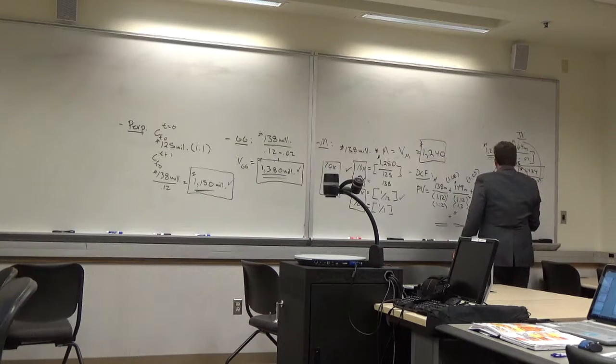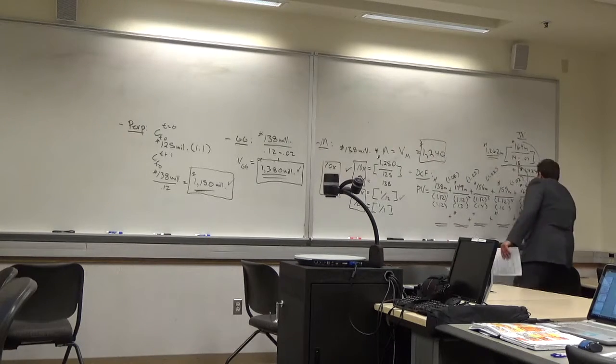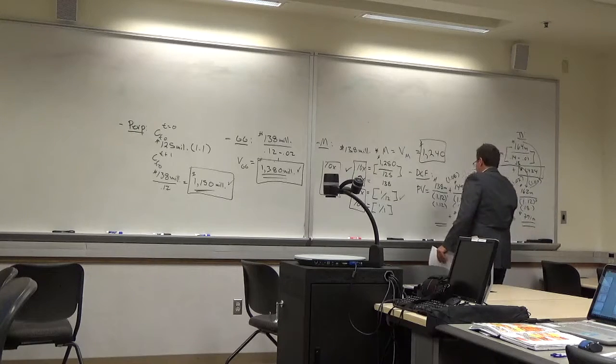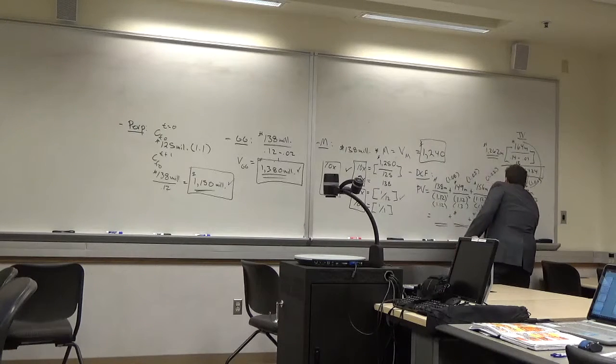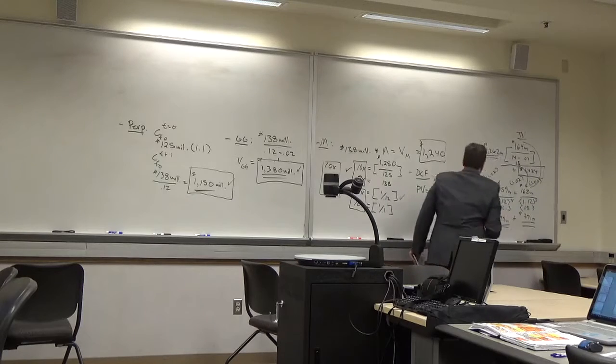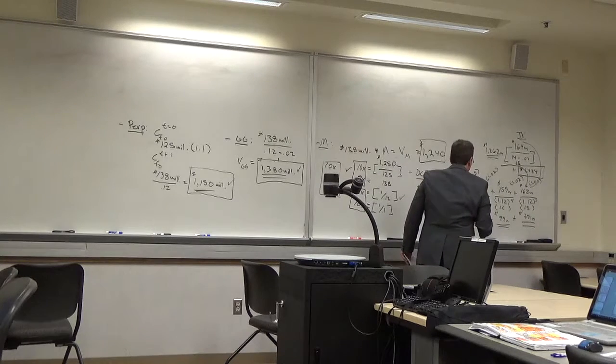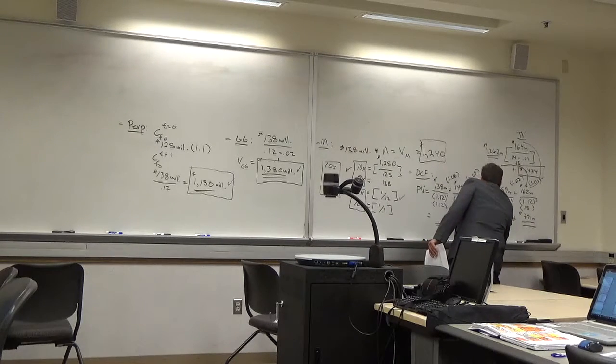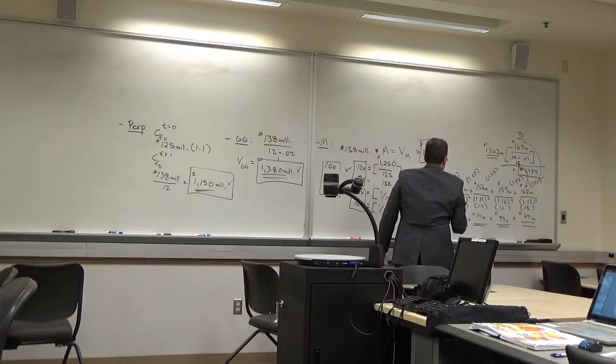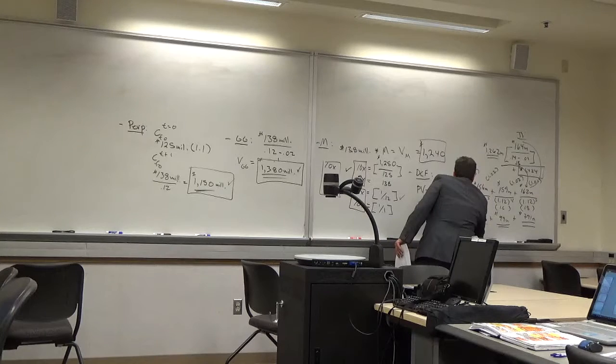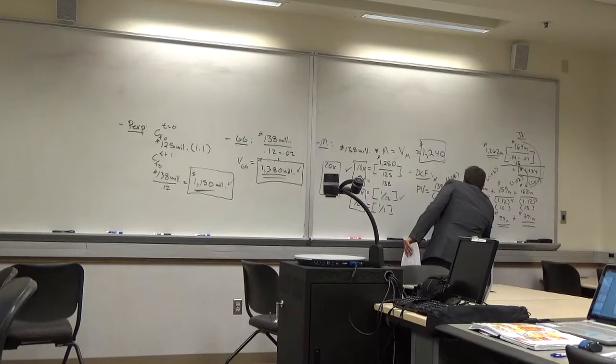$791. And what is 159 divided by 1.6? 99. And what is 156 divided by 1.4? 111. And what is 149 divided by 1.3? 115. Thank you.